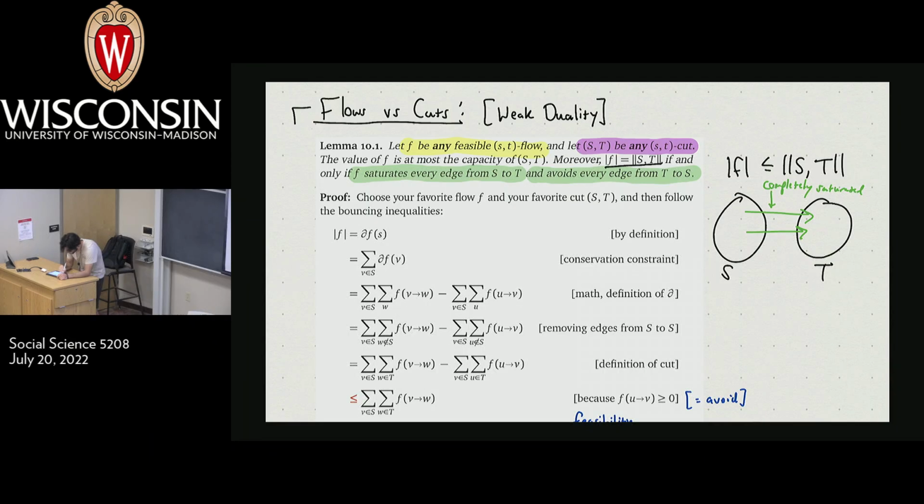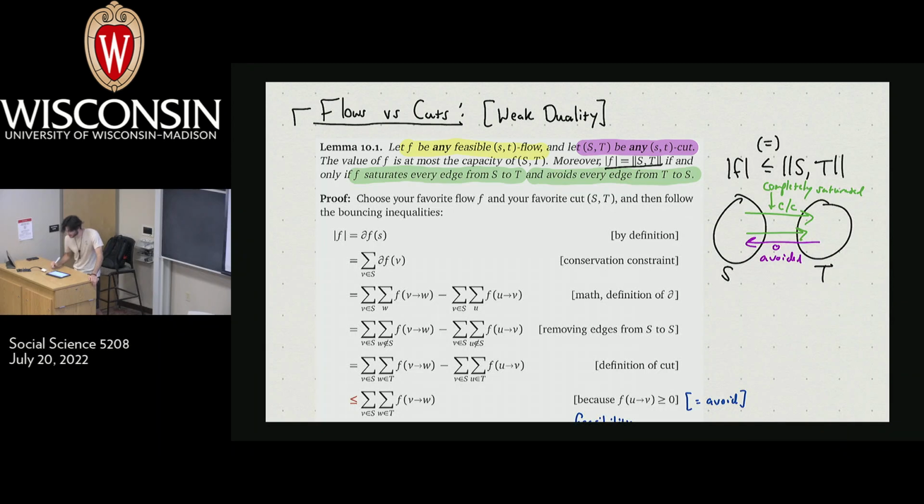And we need the other edges going this way to be avoided, so these have zero flow, whereas these have flow equal to capacity. If that's the case, then this will actually become an equality in that special case.